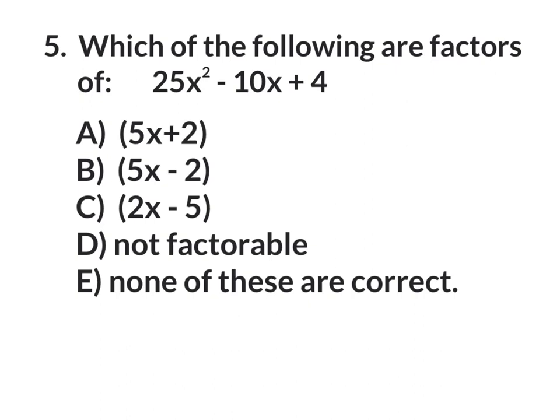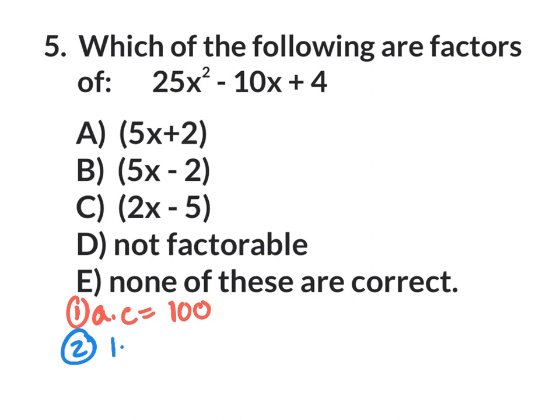Number 5. What can you do right here on number 5? Anybody? Help me out here. Multiply A and C. Okay, so step 1: multiply A times C. What do we get? 100. What's step 2? Make a list.